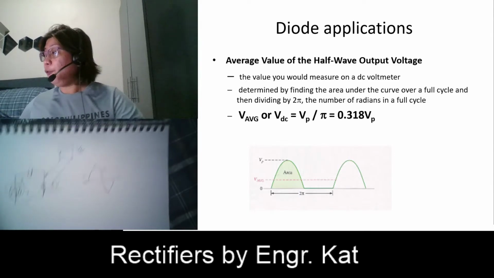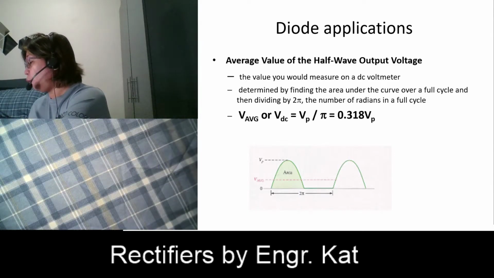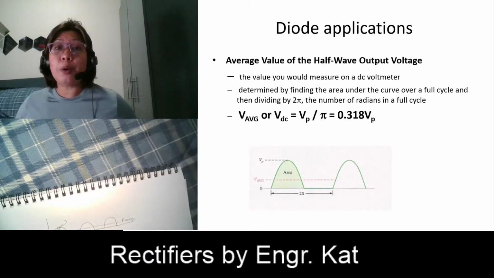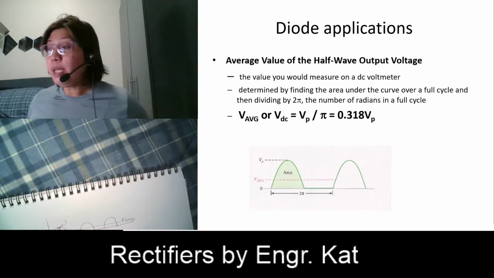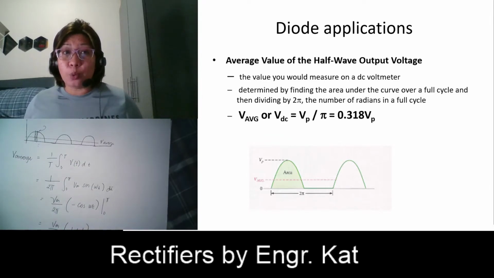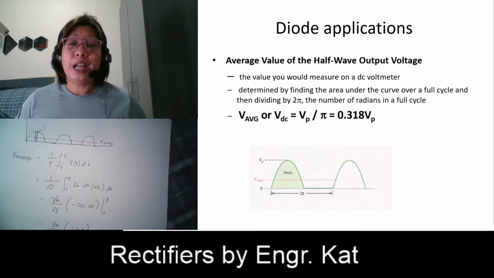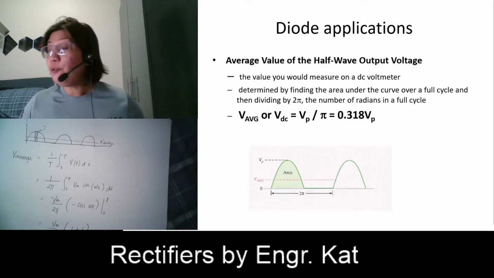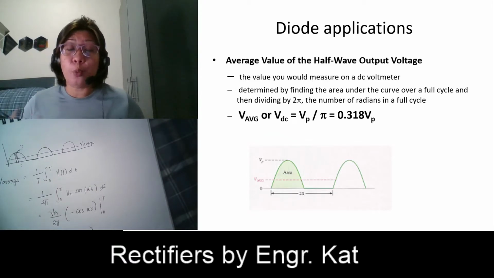Okay, so the value for that, our V average or our V DC, is equivalent to V P, the peak value. We are now specifying the peak value. If the given value is the RMS value, we have to convert it first into the peak value. Later I will give you the relationship between the peak voltage and the RMS voltage.